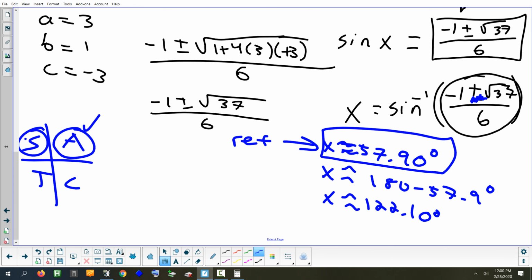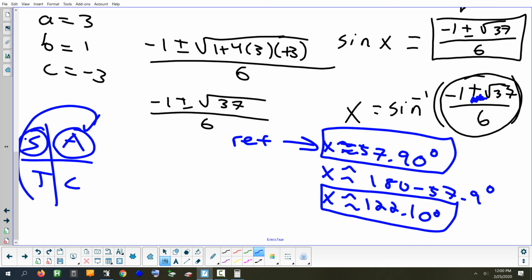So I got that, and I got that. Now, if they really wanted radians, I would multiply each one of those answers by pi and divide by 180. They're still going to come out messy. But it's a lot easier to do the ASTC work in degrees than in radians.